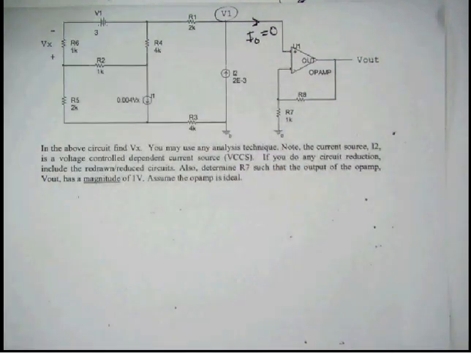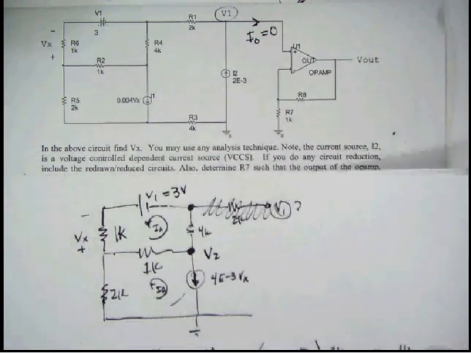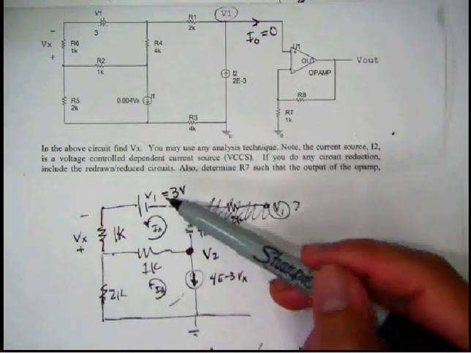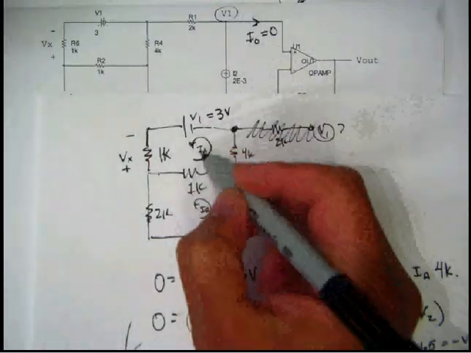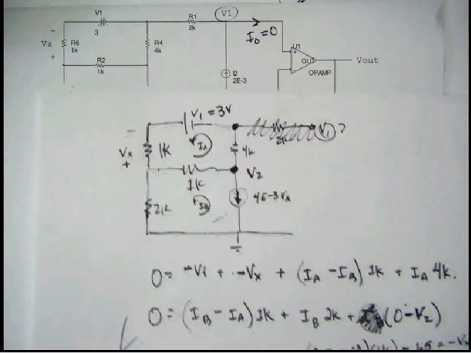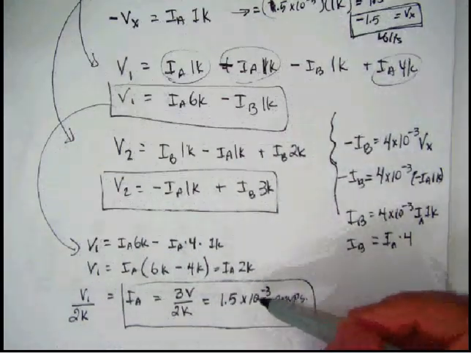So how do we do it without replicating a lot of work that we've already done? Well, if we go back to our original, when we turned off the current source I2 and just had the voltage source V1 on, we came to a conclusion that doing our loop analysis, this current IA going through here is actually equal to 1.5 milliamps.